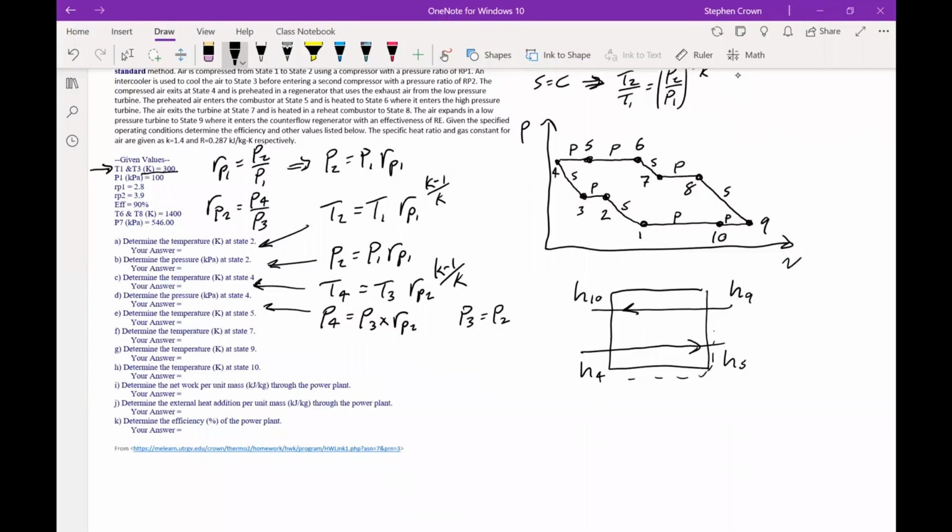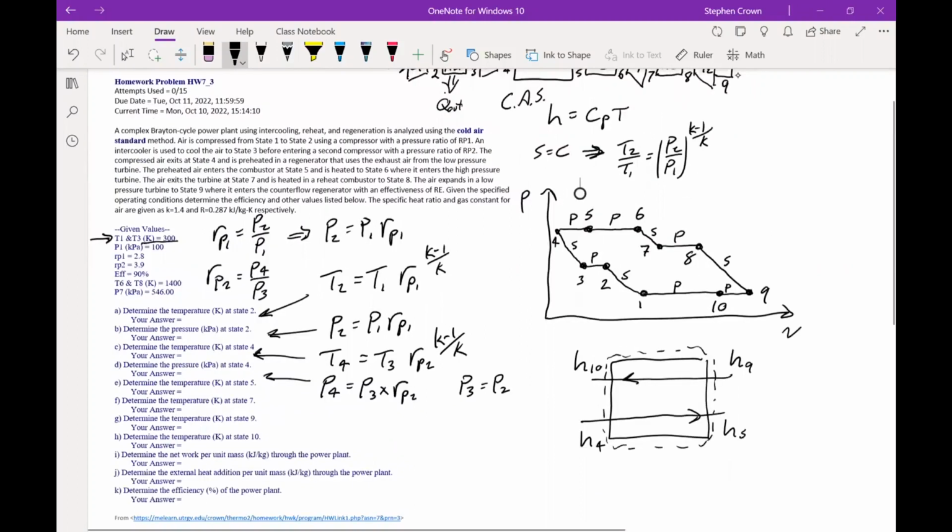We'll note that the hottest thing in this flow is state 9. So it's coming out of the last stage of the turbine. Turbine 2 comes out still fairly hot, comes into this heat exchanger. It will be hotter than T4, so it can heat that up.